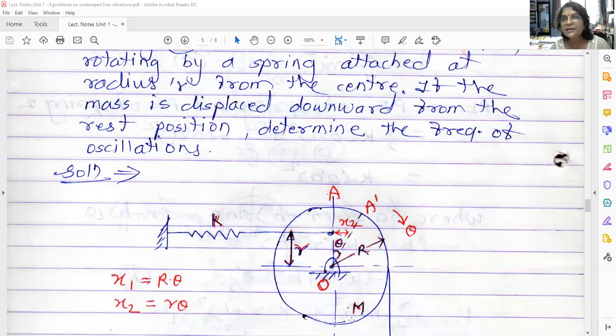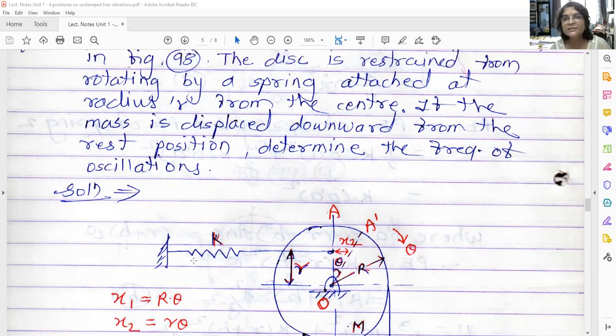See, this disc is connected to this spring having stiffness K at this point. Okay, so this point, suppose we will call it B. Suppose I have not shown it here, this is point B. Okay, and so the spring is connected at point B to this disc.